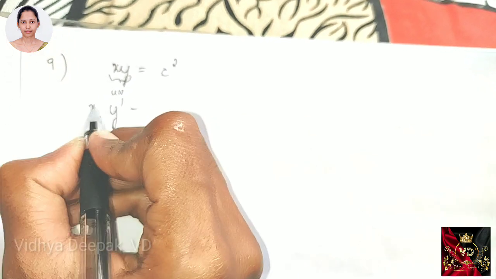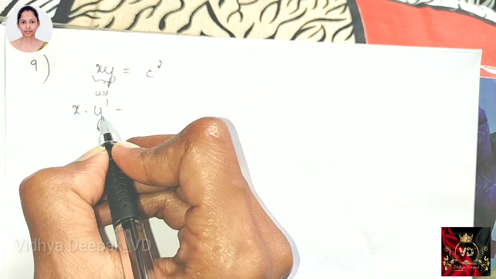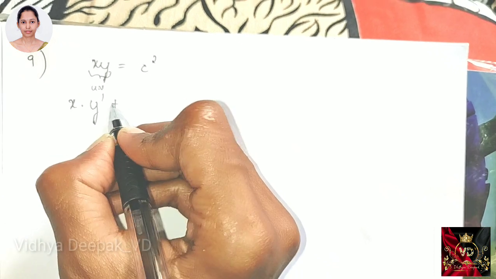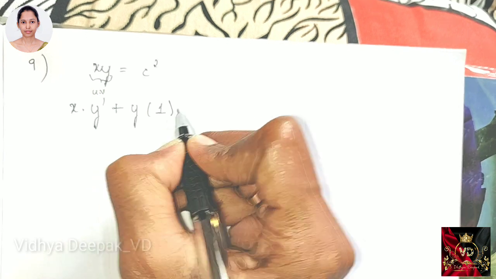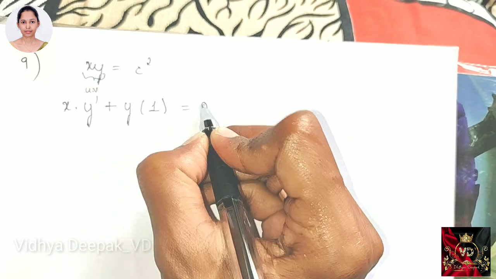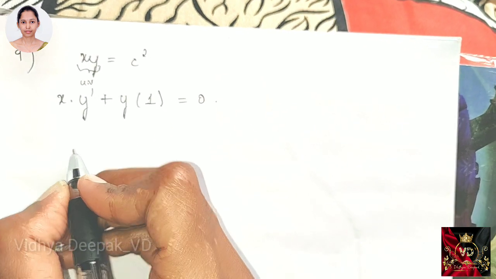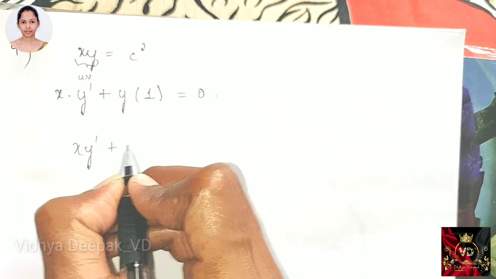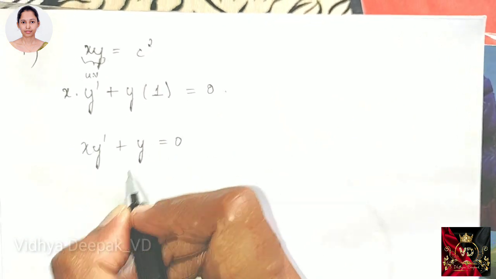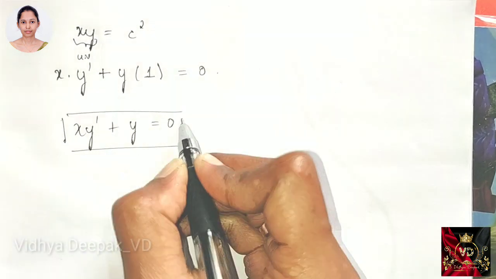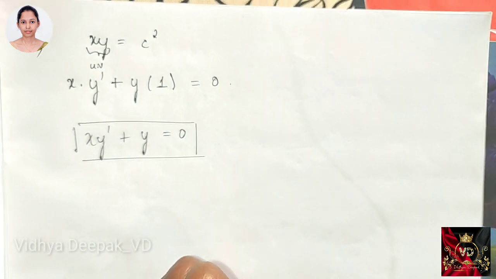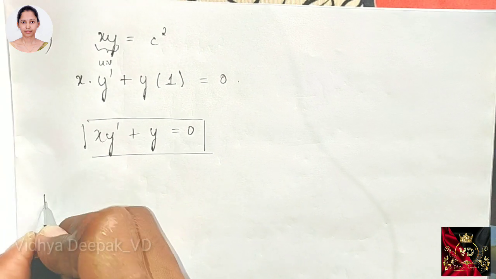What is the first function? x into differentiation of y is dy by dx plus y into differentiation of x is 1 is equal to differentiation of c square is 0. So what do you have? x into y dash plus y is equal to 0, which is your required differential equation after eliminating your arbitrary constant c square. A small and easy problem, right?